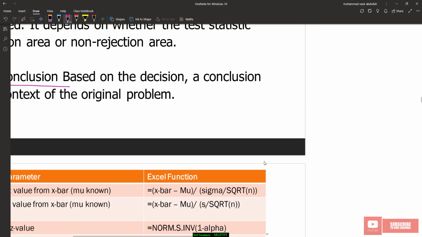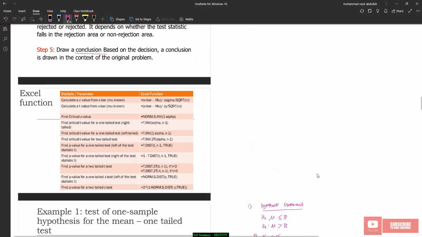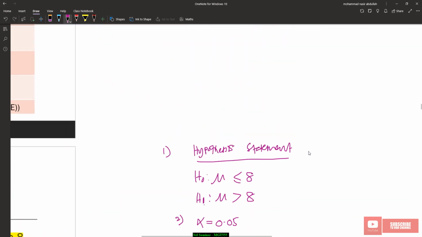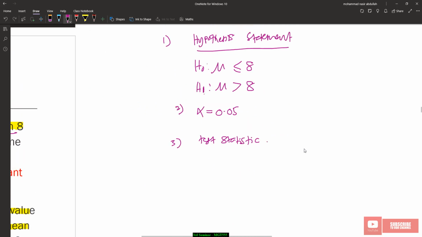Can you understand where I use this test? So we are going to use the t-statistic. t is equal to x bar minus mu divided by s over square root of n. Now is the time that we are going to calculate the t value.